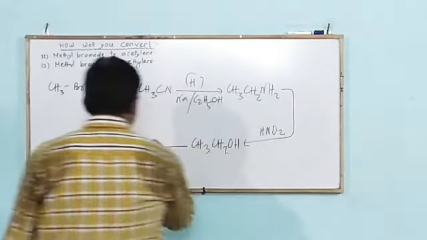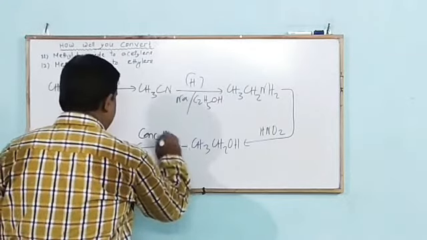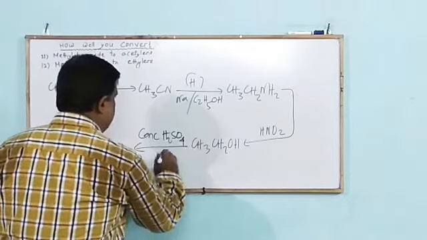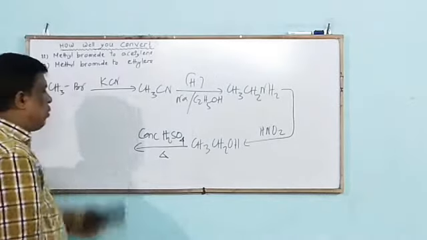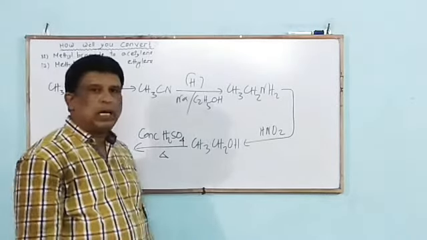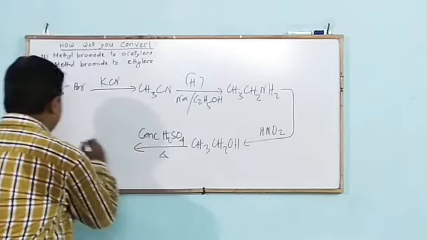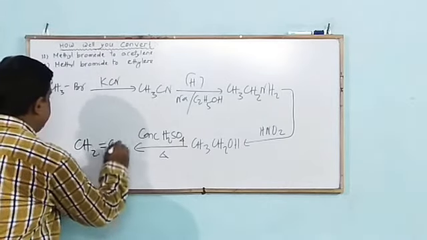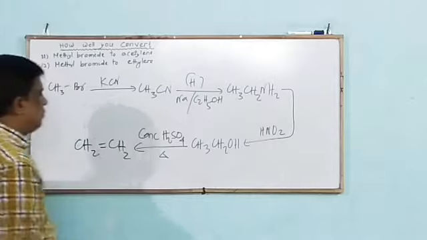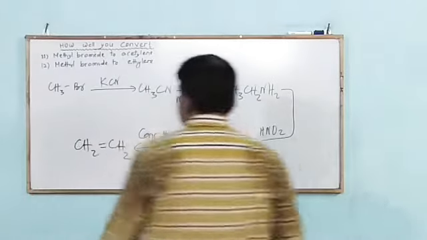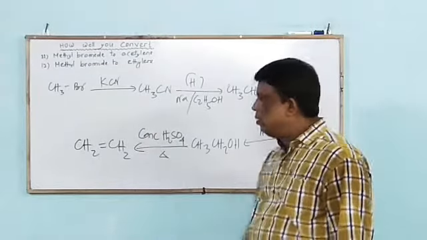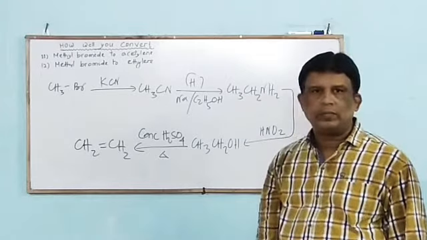Ethyl alcohol is heated with concentrated sulfuric acid. We know concentrated sulfuric acid is a dehydrating agent; it removes a molecule of water to form ethylene. In this way, methyl bromide to ethylene.